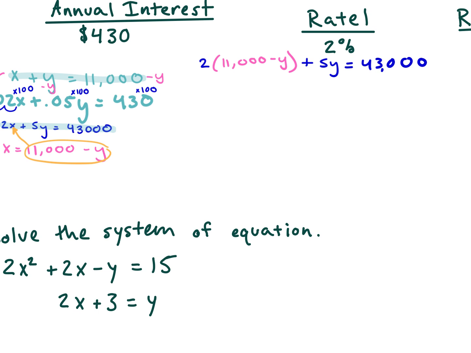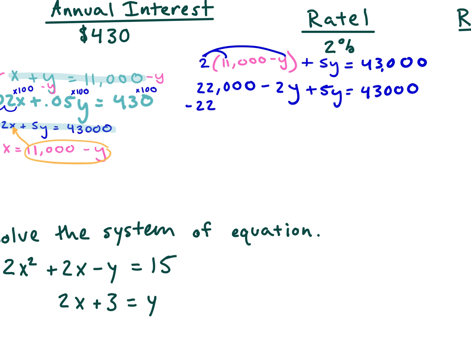How could we solve for y here? Awesome. We're going to distribute the 2. So 22,000 minus 2y plus 5y is equal to 43,000. What should we do next? Let's combine like terms.